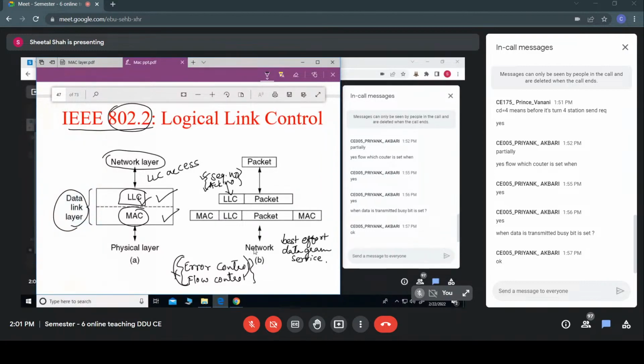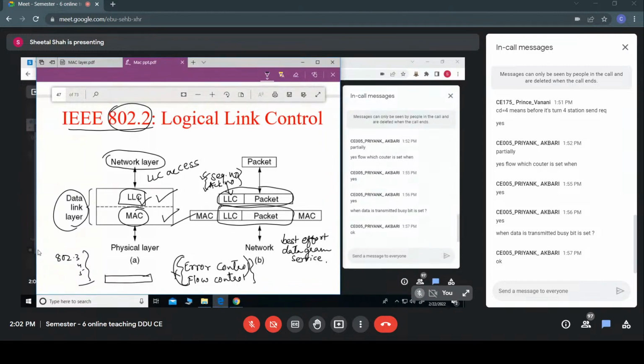The entire packet with this LLC header forms the payload field of the MAC sublayer, and that is provided into the frame of either Ethernet, token ring or token bus, etc. Since we are using different protocols like 802.3, 4, 5, all these have different frame structures.